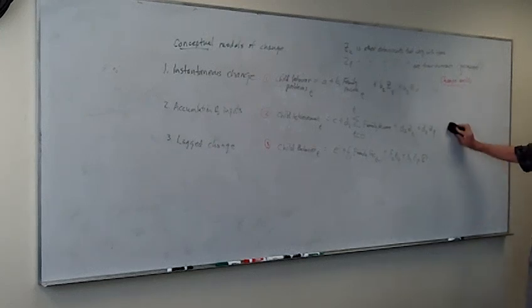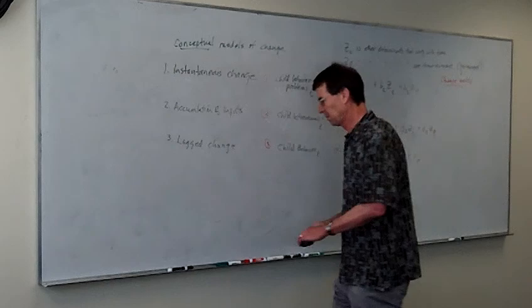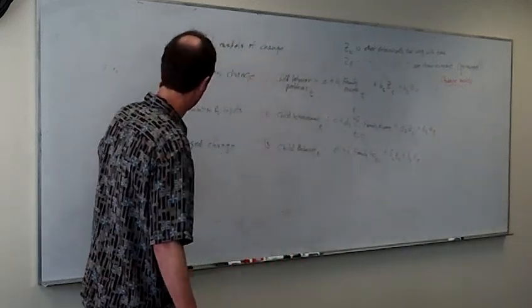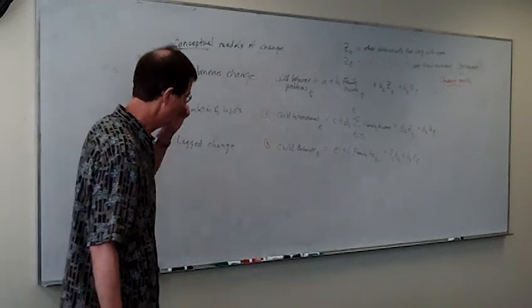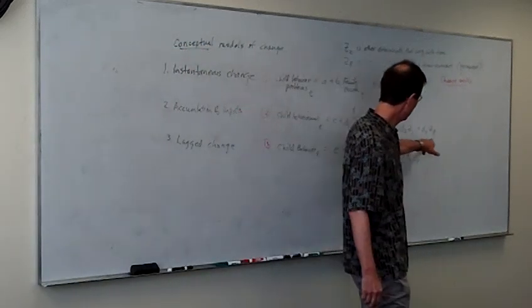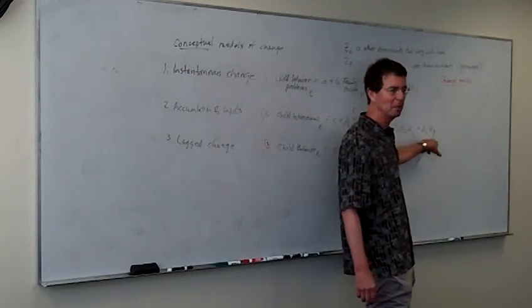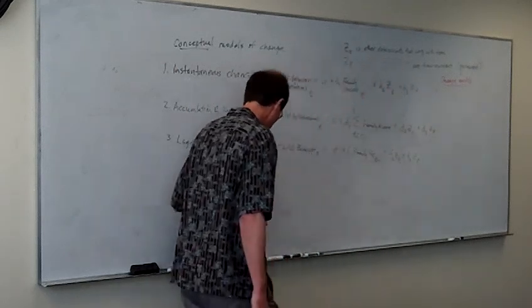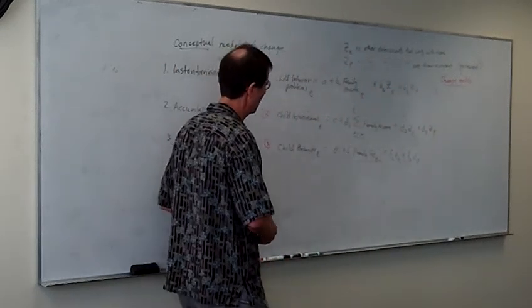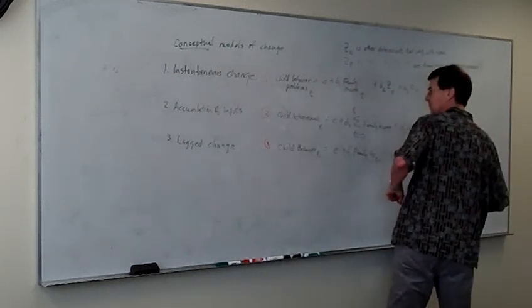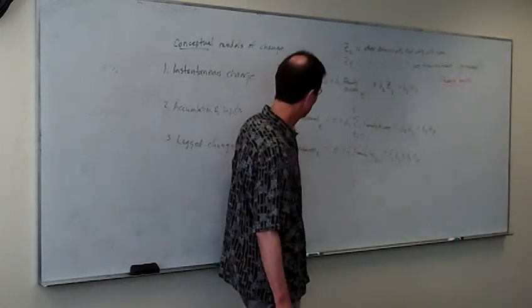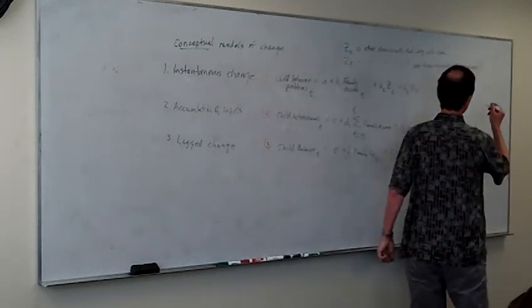So let's think about a change version of accumulation of inputs. Again, can we get a change model that differences out the biasing effects of ZP? That's really the chief advantage of thinking about change models.